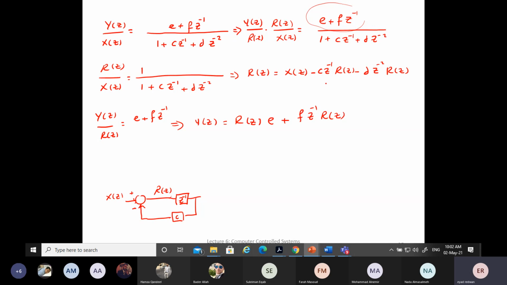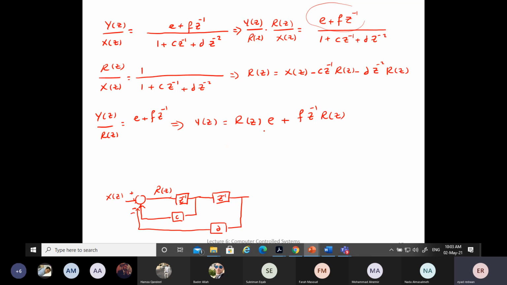So I have generated this term. Then minus, again, another delay. So this is z to the power minus 1. So I get R(z) z inverse, and z to the power minus 1 again. So it's z to the power minus 2. And I will feed it back through a d coefficient and subtract it. So this is, again, this equation.